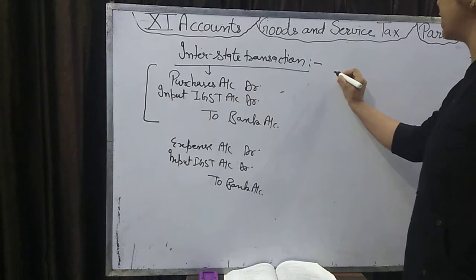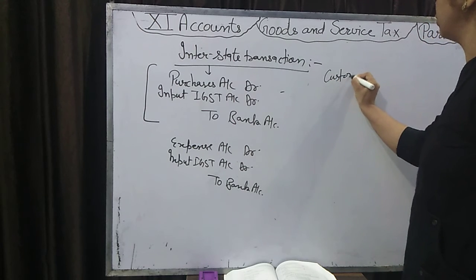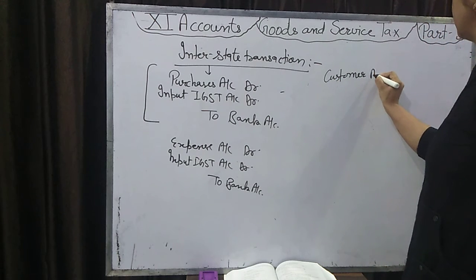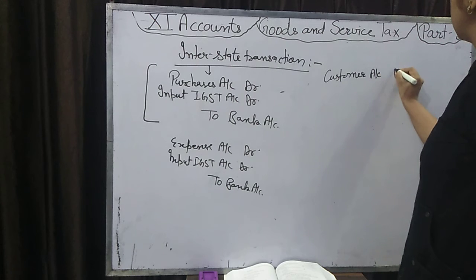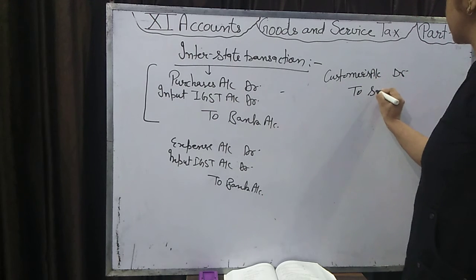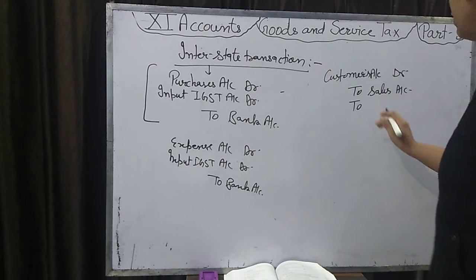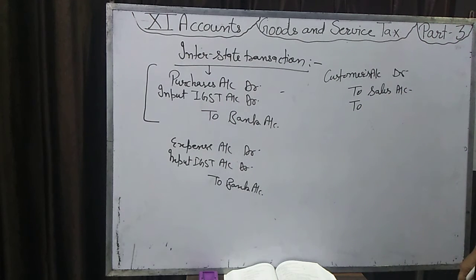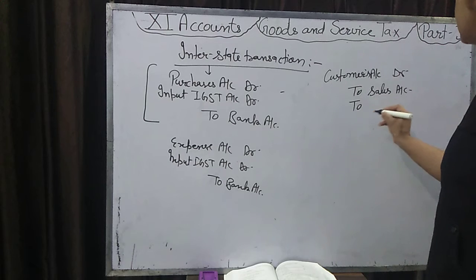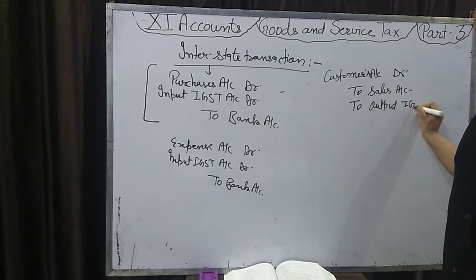If it is a credit sale, then the name of the customer that is given to you in the entry, customer account debit to sales account, and we will receive the GST. Received or collected GST is known as output IGST account.